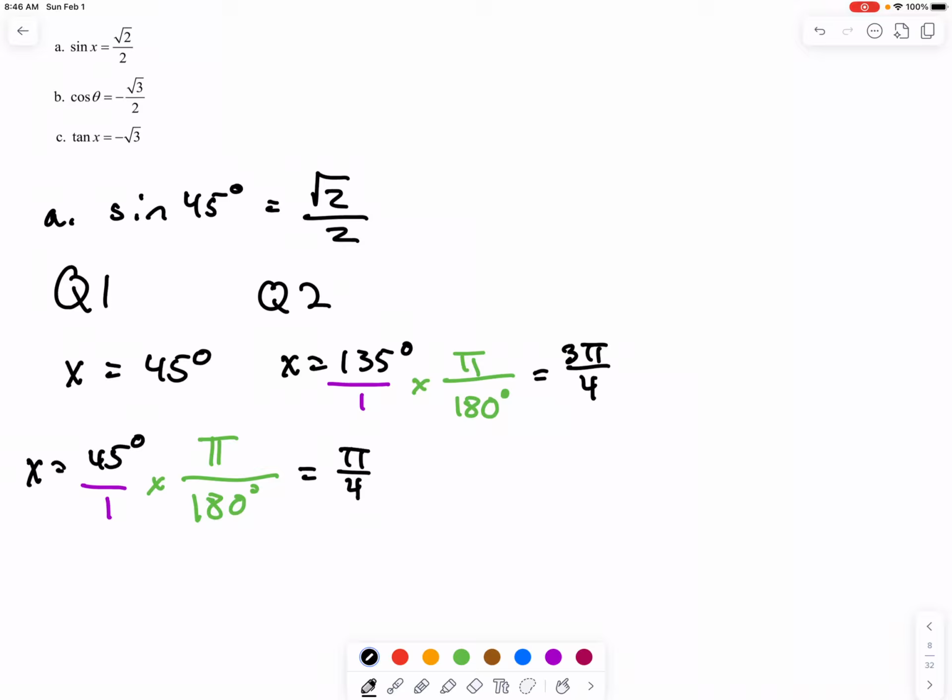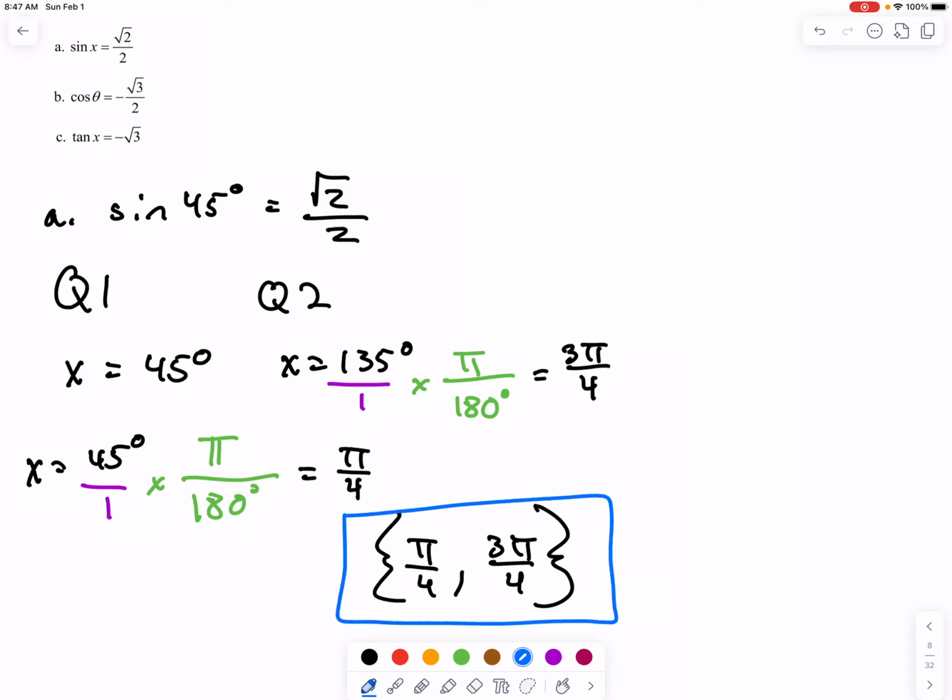Normally, if we wanted all solutions, we would also tack on n times 360, so every time we do a complete revolution, we get another result. So integer multiples of 360 degrees. But for this specific example, we only want solutions from 0 to 360. So we got 45 and 135, and then we converted those to radians. And so we got a solution set of pi over 4 and 3 pi over 4. That should be good.